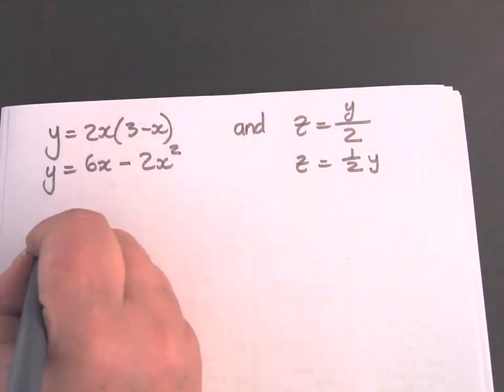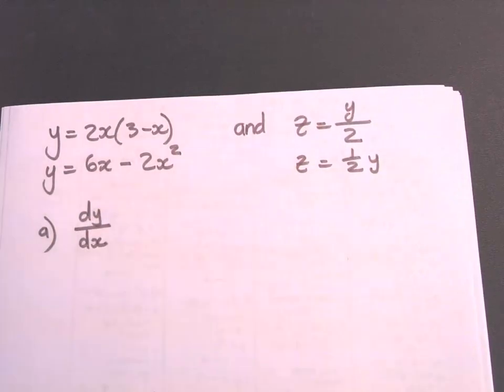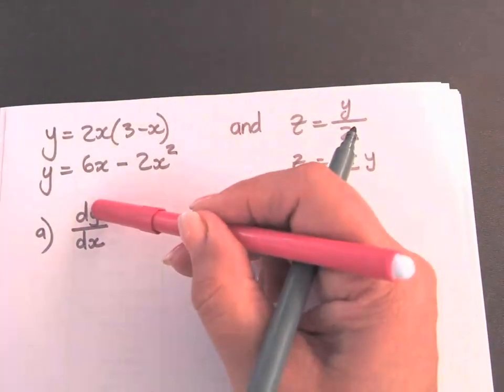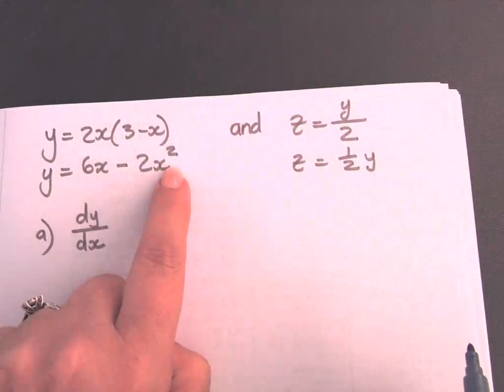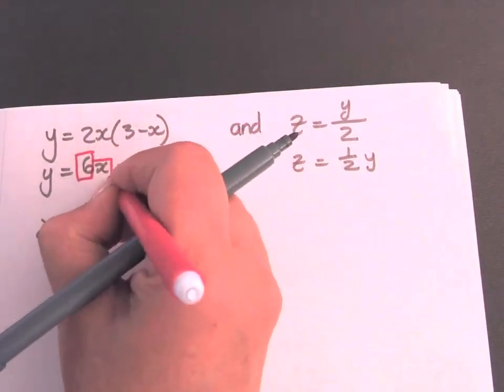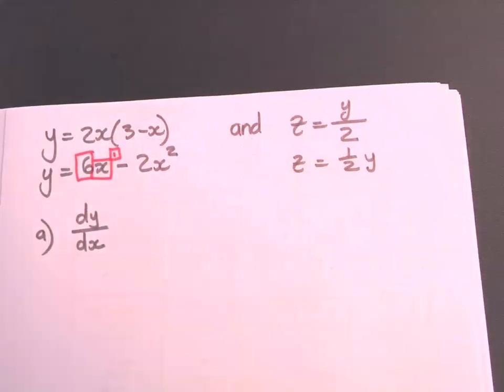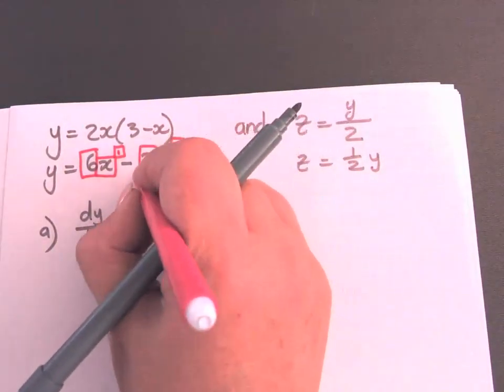The first question, dy over dx. What does that mean? Take y, differentiate x. So take y and differentiate x. Okay? I have my coefficient. I need an exponent. There's x, exponent, and 2.